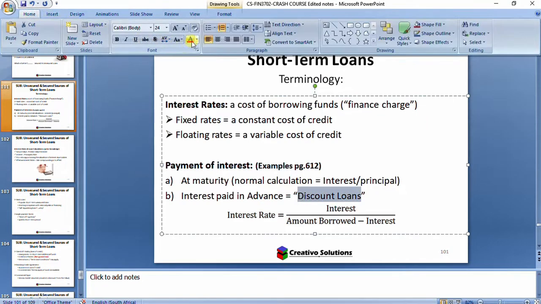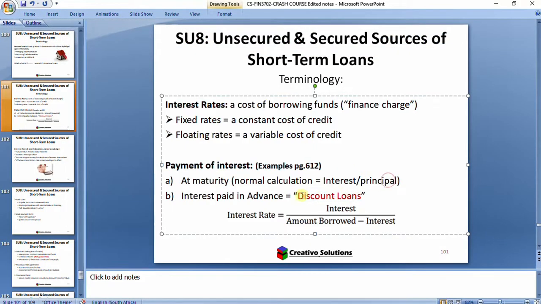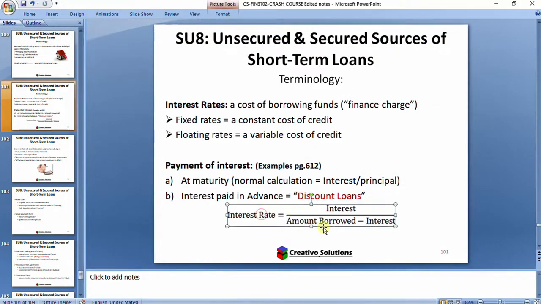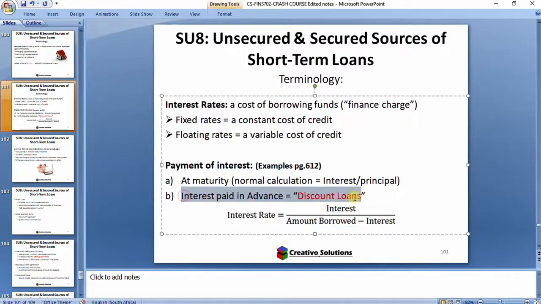Okay. If you are given any question looking at a discount loan, this is the formula you need to use. The interest rate equals the interest that you pay, the actual amount, divided by the principal or the amount borrowed, less the interest, and that gives you the rate. Sometimes you're asked to calculate the interest rate for these different financial products.